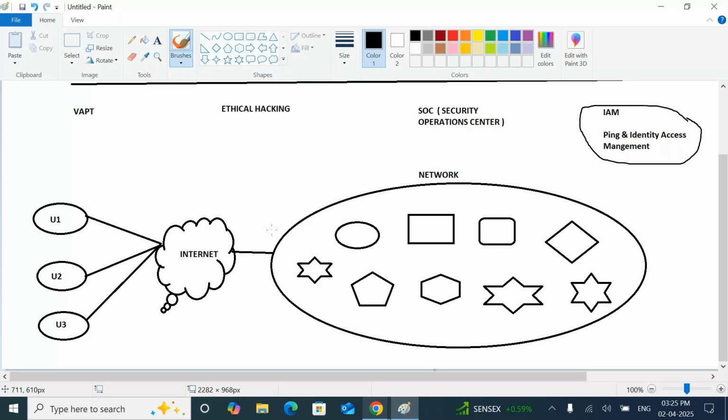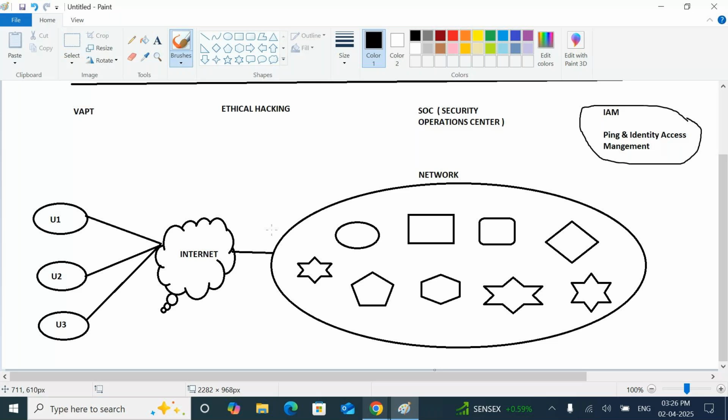Why? Because sometimes you need to be involved in building the network also. Actually, that network is built by the network team, but it will be maintained by SOC. So the SOC person is involved in advanced monitoring of your devices in the network. A SOC is a centralized team or facility responsible for monitoring, detecting, analyzing, and responding to cyber security incidents in real time.